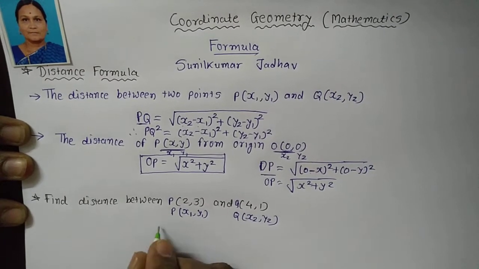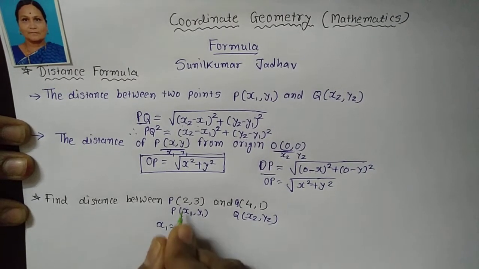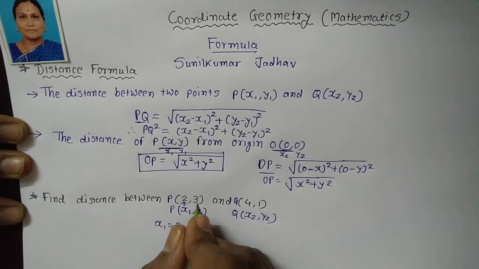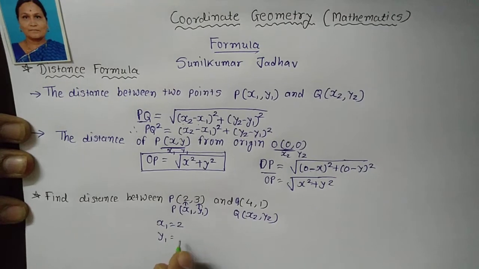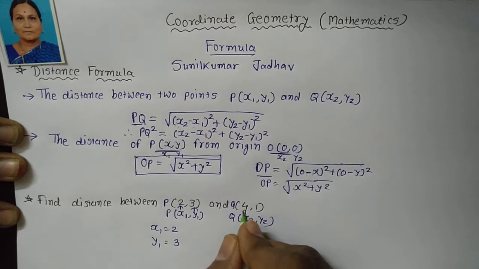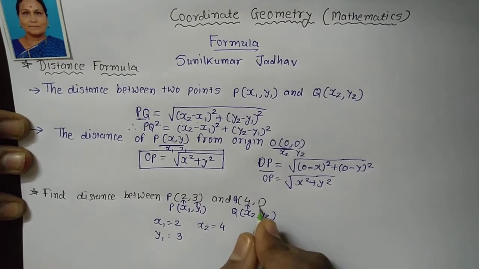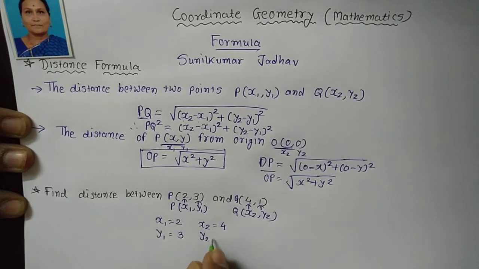So x1 is equal to 2 and y1 is equal to 3. Similarly, x2 is equal to 4 and y2 is equal to 1.